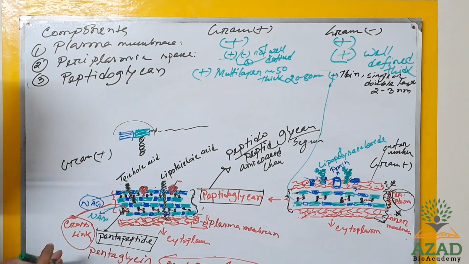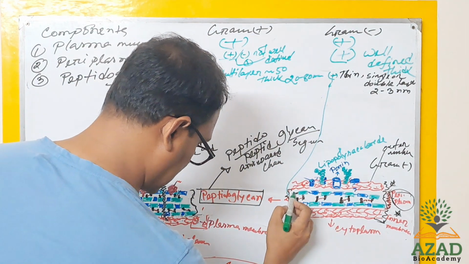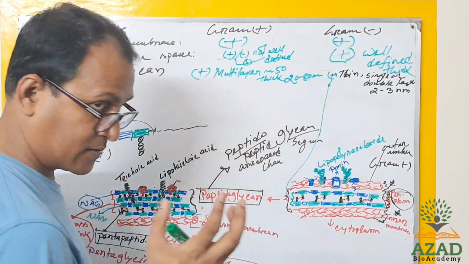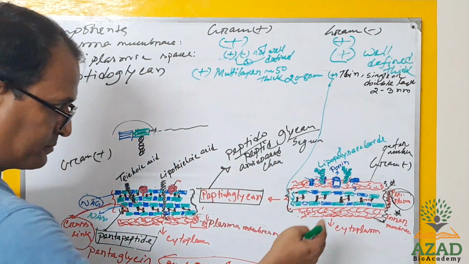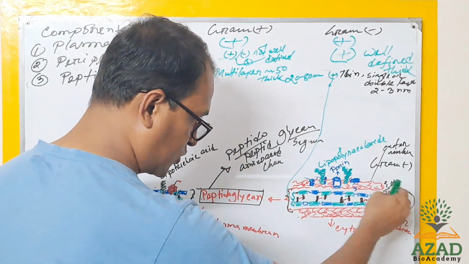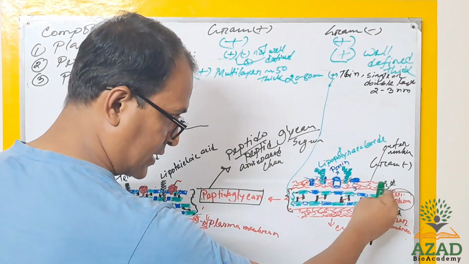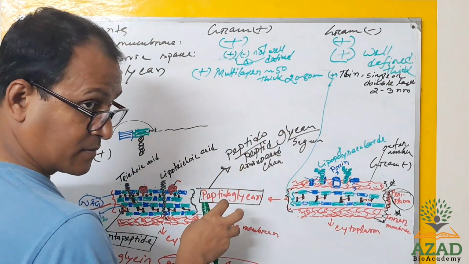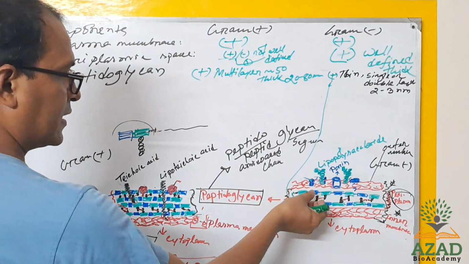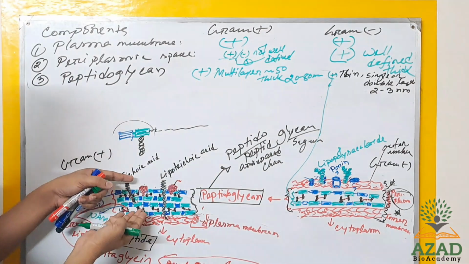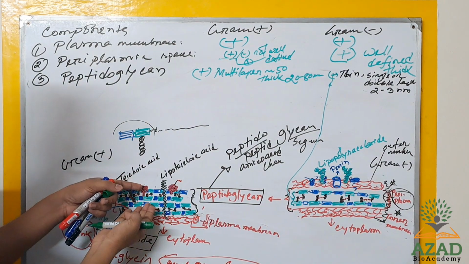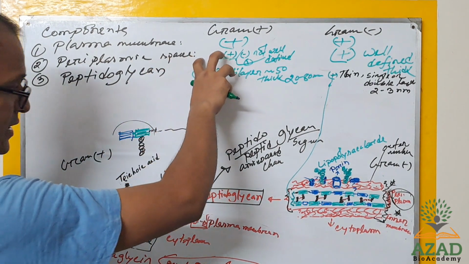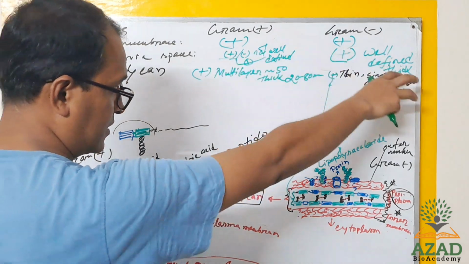If you look now, this is the gram-negative bacteria, this is the peptidoglycan layer, and don't confuse it with the periplasmic space, which is the space where peptidoglycan is. Peptidoglycan is a different thing, made up of peptide and sugar. So it is a single or double layer here, and if you look here, these are the multiple layers. The basic difference in peptidoglycan is that gram-positive bacteria are very thick and gram-negative very thin.